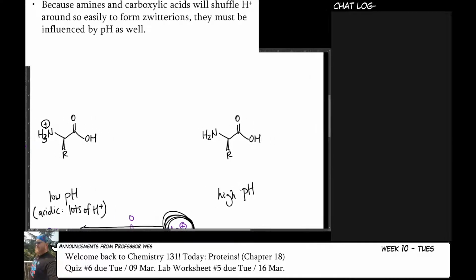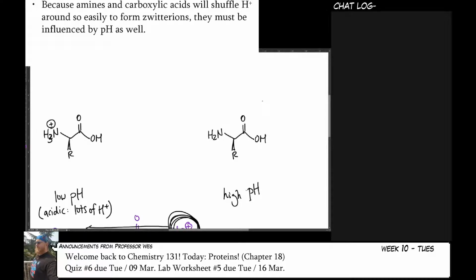All right, let's look at high pH. What happens at high pH? At high pH, you can think of this, well, first of all, it's basic. You can think of it as either having very, very little H plus or lots of hydroxide.